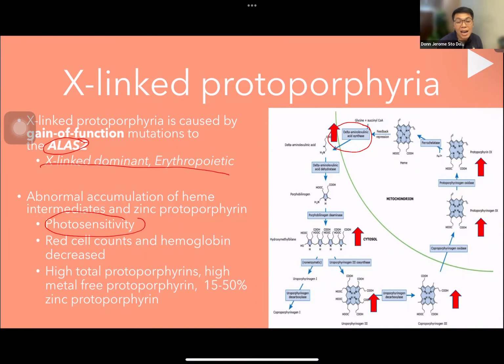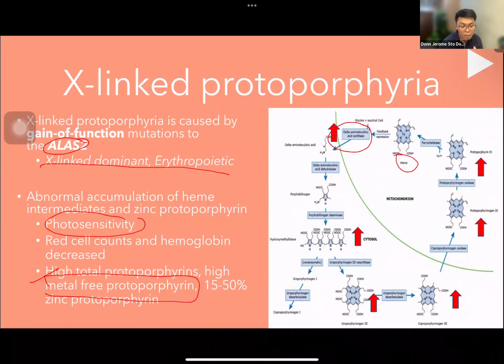So even if you have an overly active ALAS, if your iron is deficient, you cannot form heme. Laboratory tests would reveal high total protoporphyrins and high metal-free protoporphyrin. What is metal-free protoporphyrin? Those are the protoporphyrins without iron or zinc attached to it.